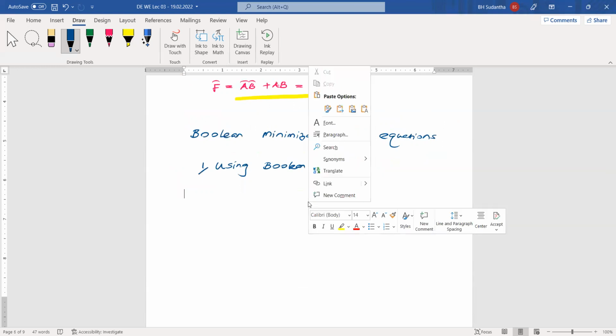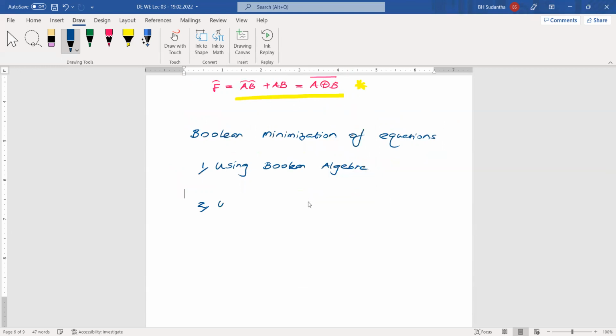The second method is using the Karnaugh map method. This is a completely different one compared to the previous. It is a kind of graphical representation of an equation.